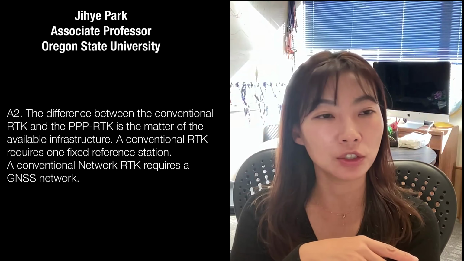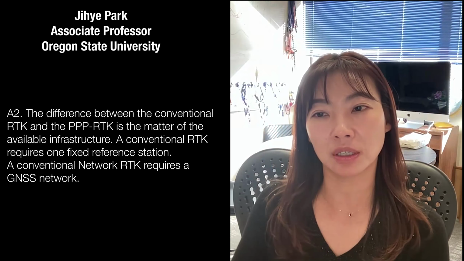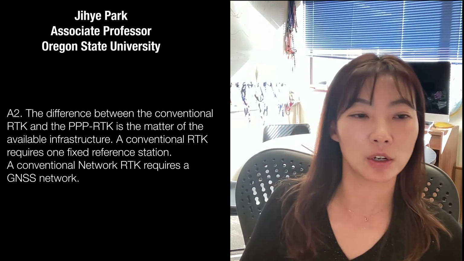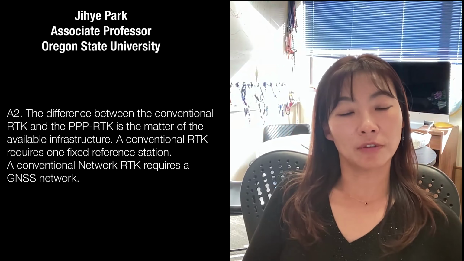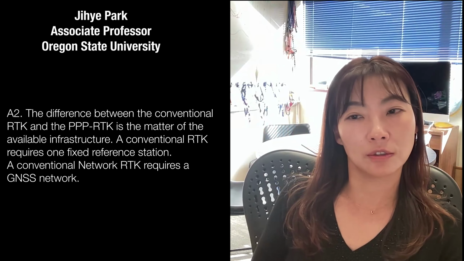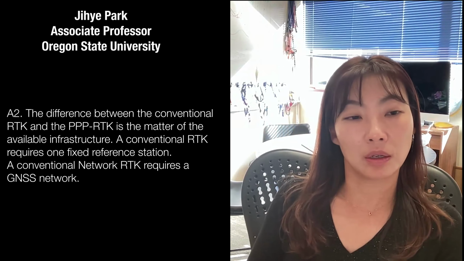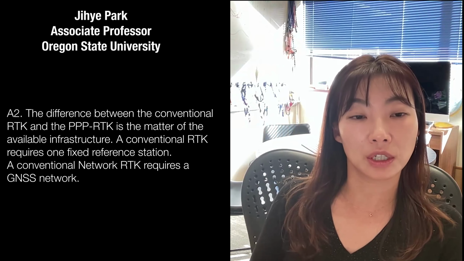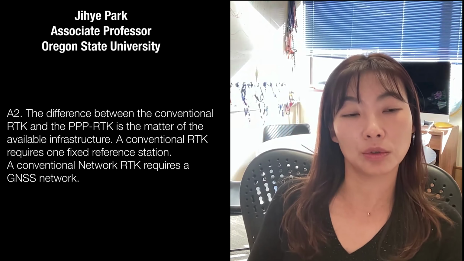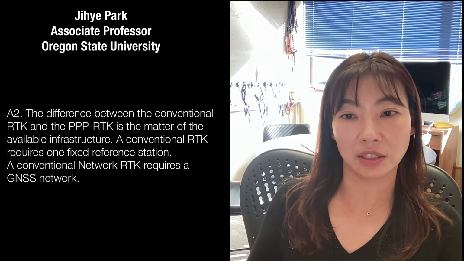The difference between this conventional RTK and this PPP-RTK is a matter of the available infrastructure. Because the conventional RTK requires one fixed reference station. And if you think about this conventional network RTK, then you need the one reference station and also the surrounding network GNSS stations to create the solution, the corrections. Then the PPP-RTK, the basic concept is the same, that you have some correction information from somewhere, and the user uses this correction information to reduce their error.